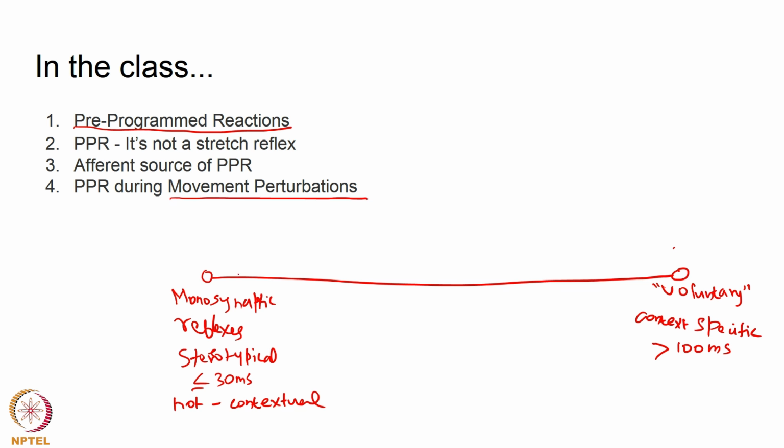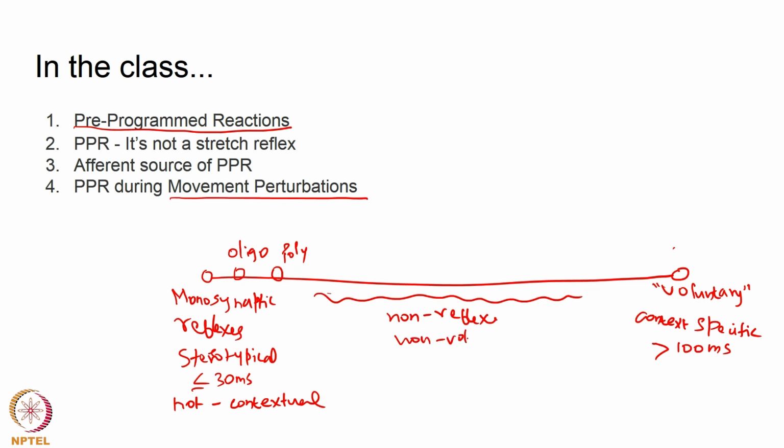And then in the middle you have several things. Here you have oligosynaptic, here you have polysynaptic, and then after this the continuum becomes hazy. It is not clear what is in the middle. There are several things in the middle. These are non-reflex, non-voluntary.